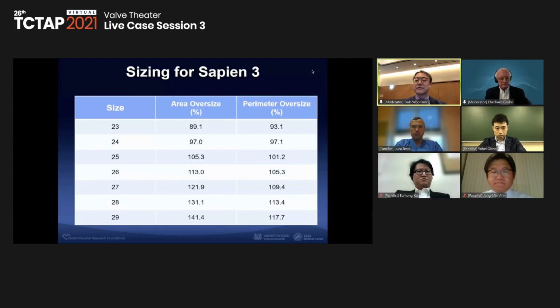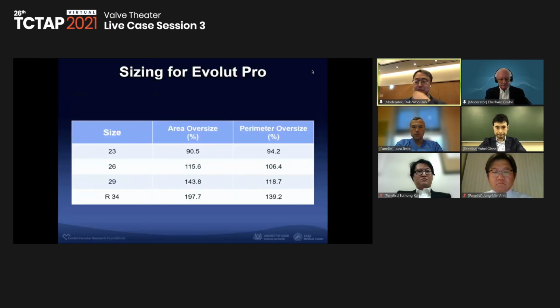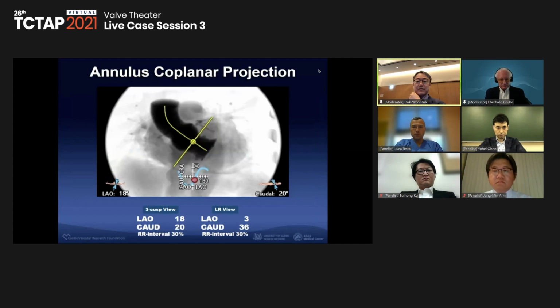According to the target oversizing, the 26 nominal size is 113% oversizing, so it should be optimal for this case. Yes, this is the case presentation.